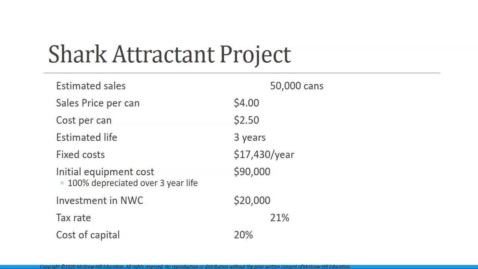We have the sales per can, the variable cost per can, the total fixed cost associated with the product, the initial cost, and how we depreciate it. It's 100% depreciated, so there's zero salvage value. We also have our requirements for net working capital, our tax rate, and then the company's cost of capital. Often, the cost of capital becomes the required rate of return.